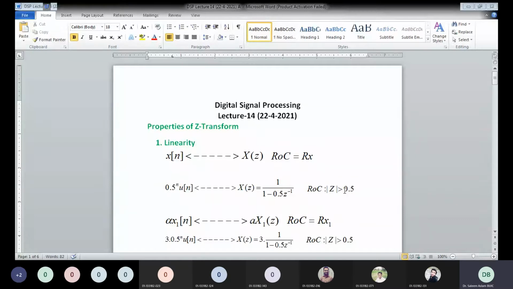One difference you can notice from these first two lines is that in the DTFT we are not concerned about the condition, but here in the Z transform, along with the Z transform expression x of z, there should be a region of convergence expression like |z| greater than 0.5.